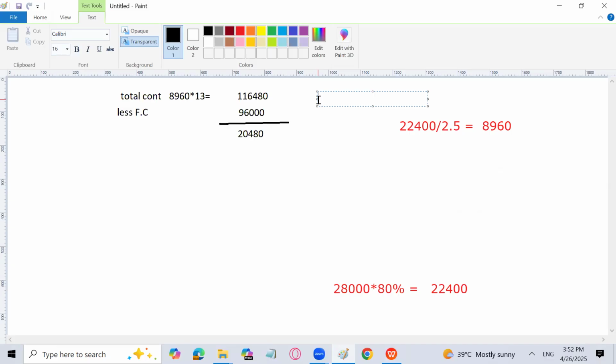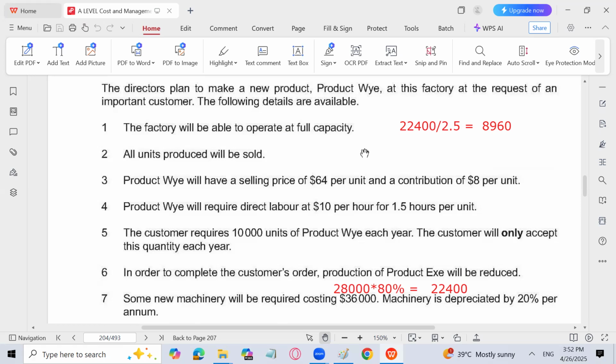But now we can use all 28,000 hours, and each unit consumes 2.5 hours. Divided by 2.5, we get the factory capacity in units, that is 11,200. So the production volume is 11,200 units, and all units produced will be sold.